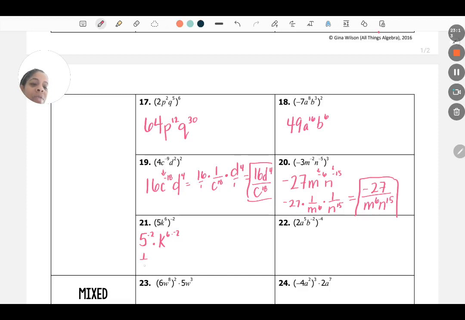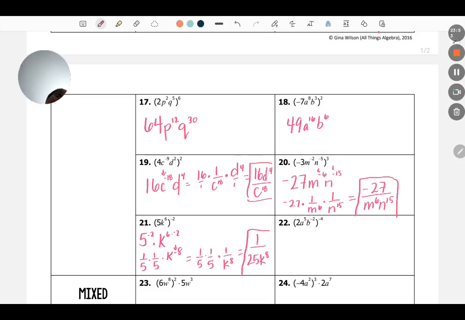So it's 1 over 5 times 1 over 5 times k to the negative 8, which would be 1 over 5 times 1 over 5. I'm just writing it out for you, times 1 over k to the 8th, because I would remove the negative in the exponent. So it would be 1 over 5 times 5 is 25, k to the 8th.